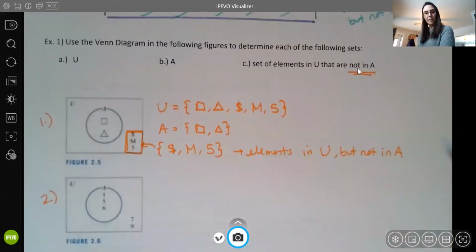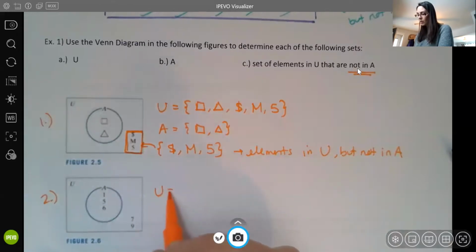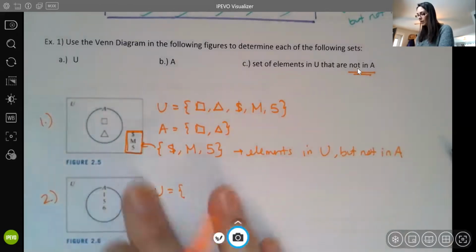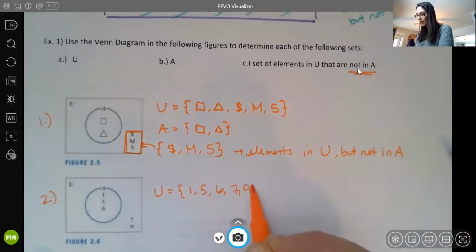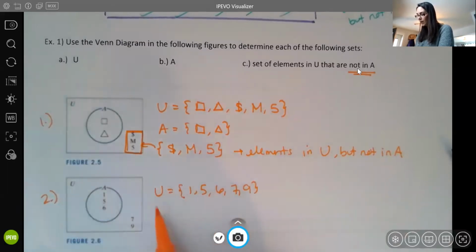And we can do the same thing for this example here. Our universal set in this case would be all numbers in the rectangle. So I have a 1, 5, 6, 7, 9. So everything. For A, it's just the elements in the circle, so in that subset, 1, 5, and 6. And for the last piece, what are the elements that are in U but not in A?